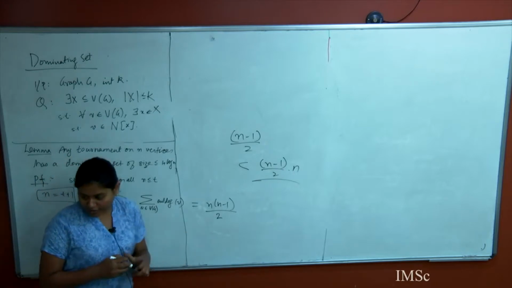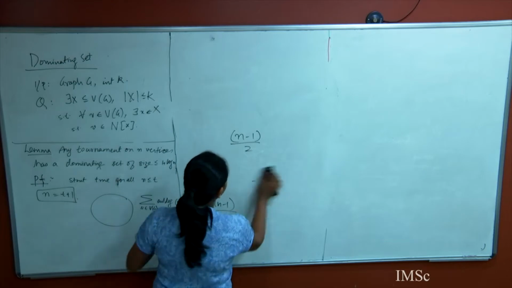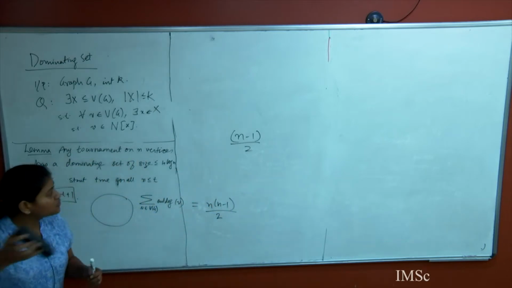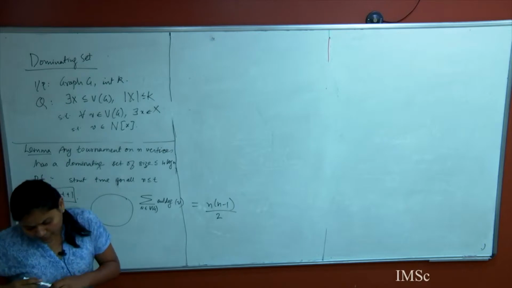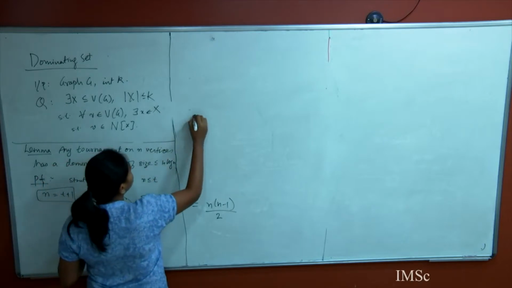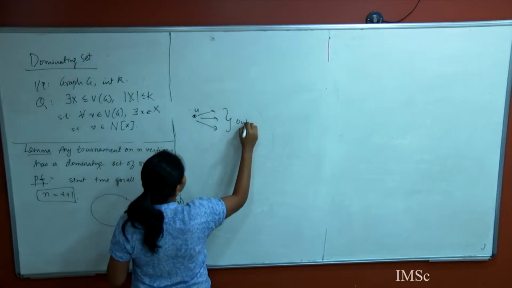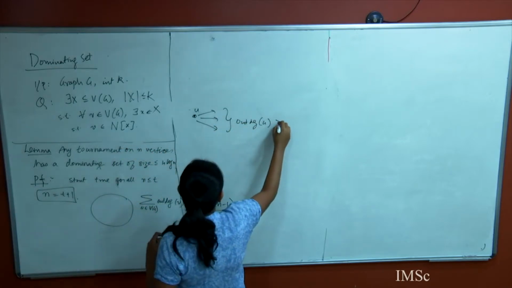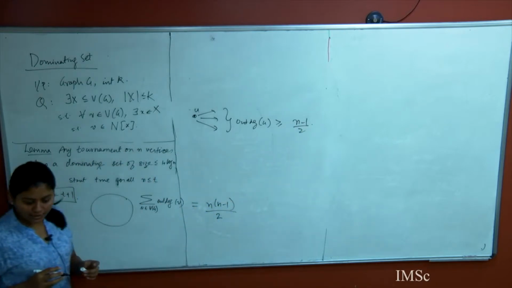So there exists some vertex u whose out degree is at least n minus 1 by 2.